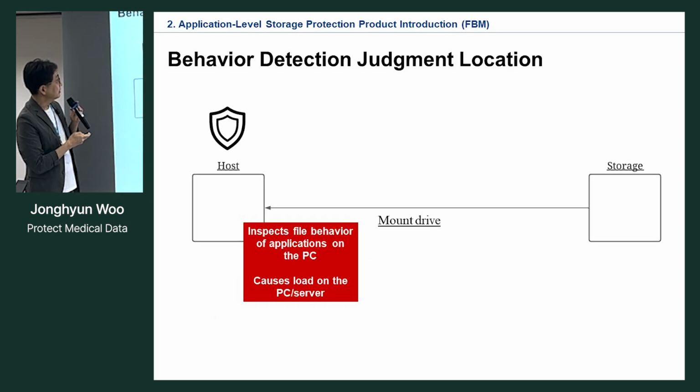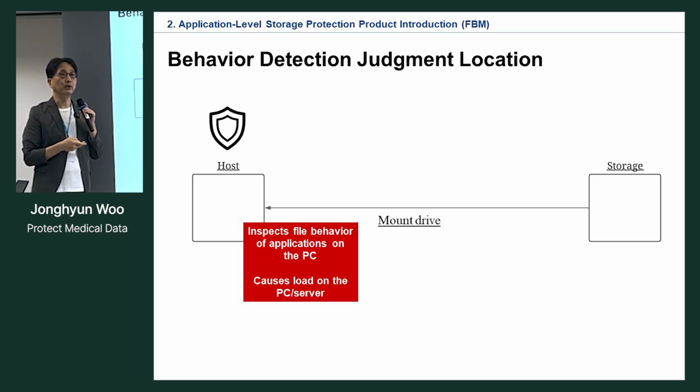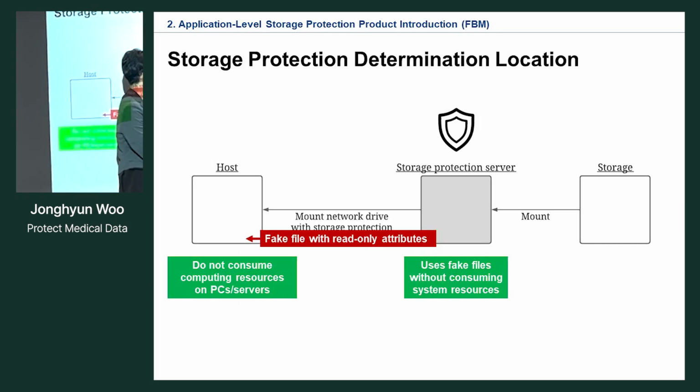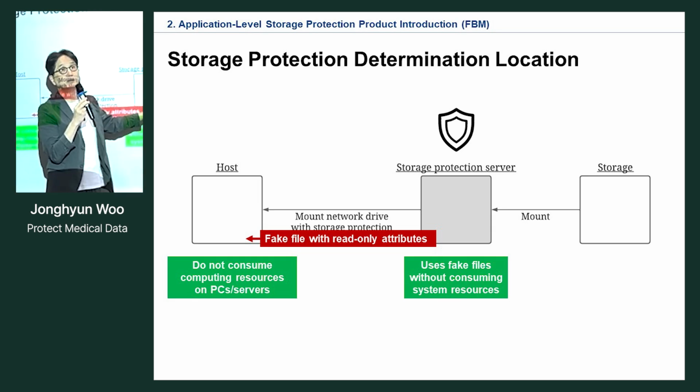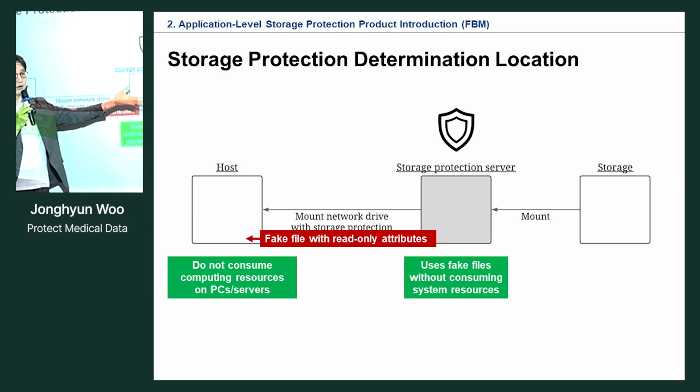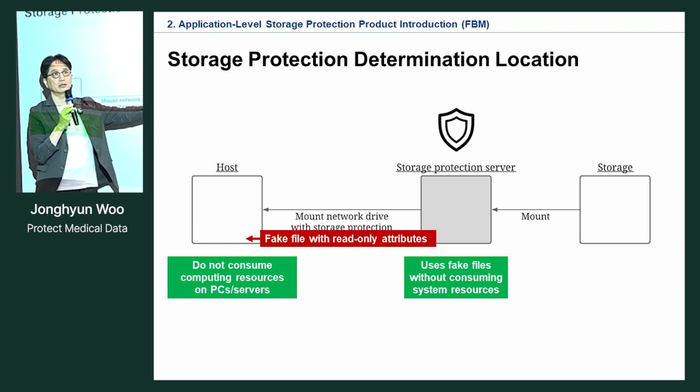And it does not make your PC or server slower, because as you know, behavioral detection systems require a lot of computing power. But we use computing power outside of the PC and server. The storage protection only runs as an independent machine.